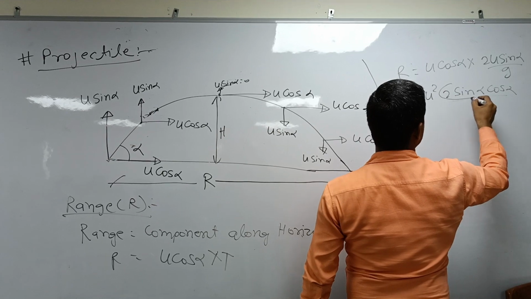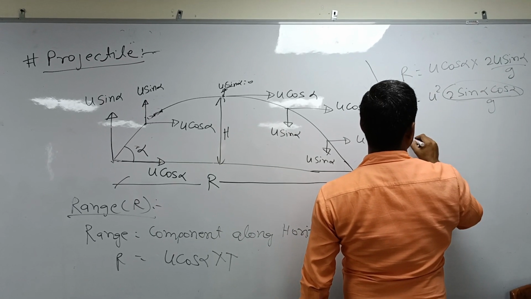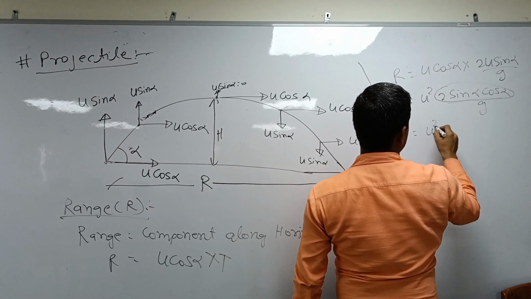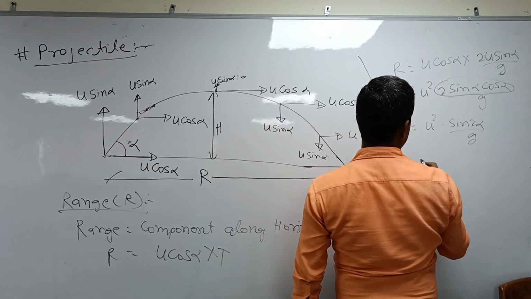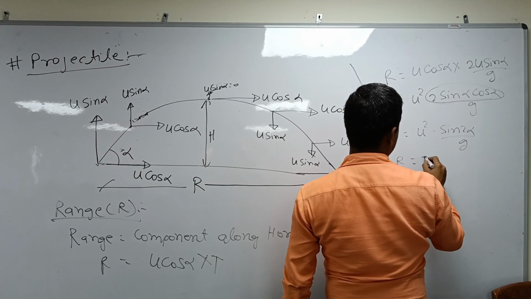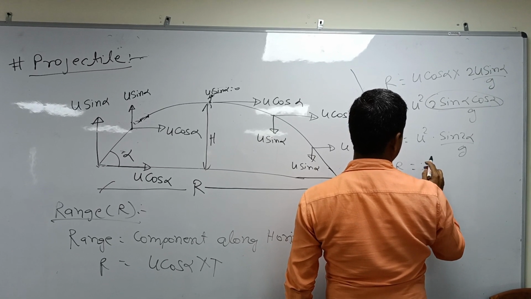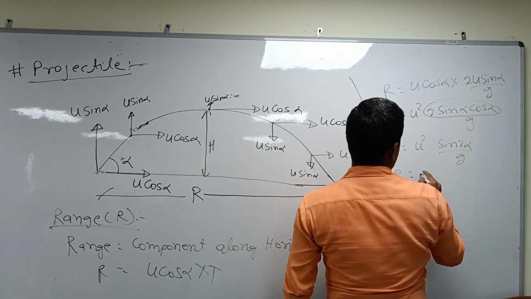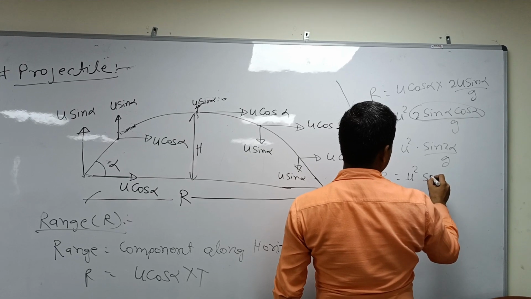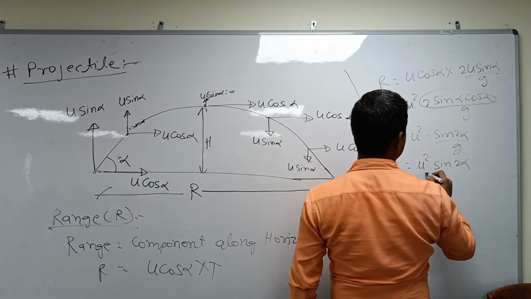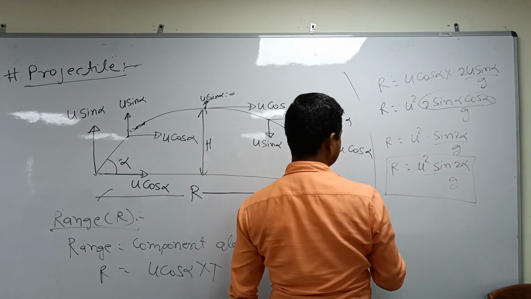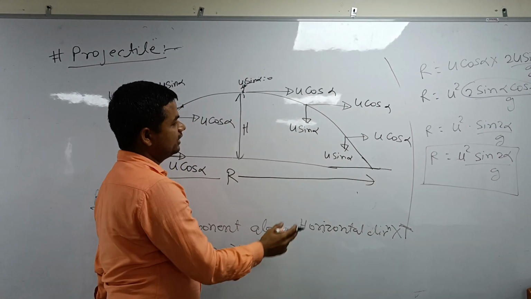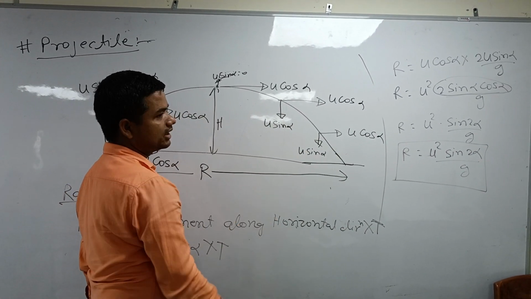Using the mathematical formula for sin 2 alpha, R equals u squared sin 2 alpha divided by g. This is the range. Range means the horizontal distance covered by the projectile.